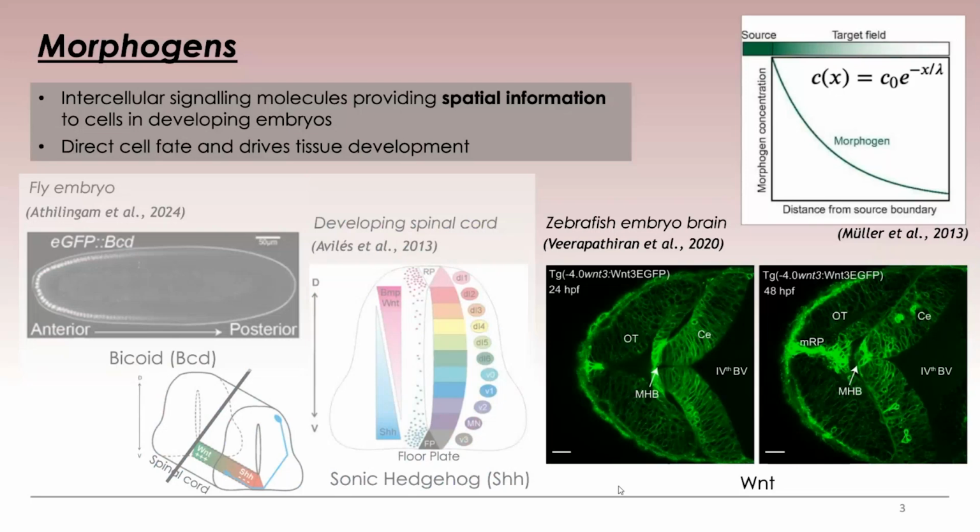And so during our experiment, when the system produces Wnt, you can see it fluorescing in green, and that's very helpful because we can identify the regions of high concentration and low concentration of Wnt under the microscope, which is really handy for analysis.